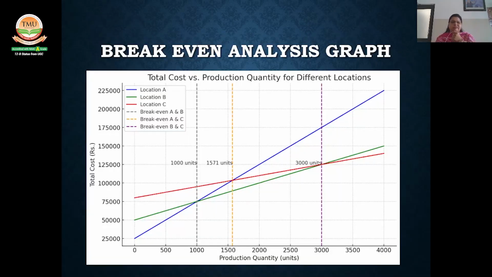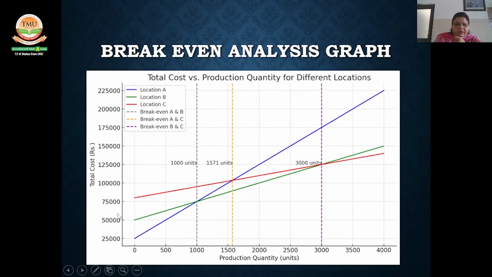Now we will see how we can calculate the break-even through graphs. So 25,000, 50,000 and 80,000 are the fixed costs. So we will make a graph on this.